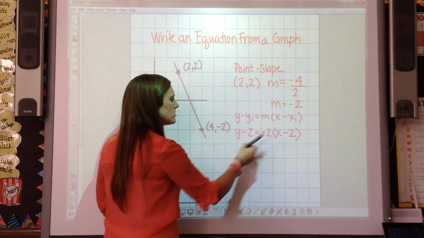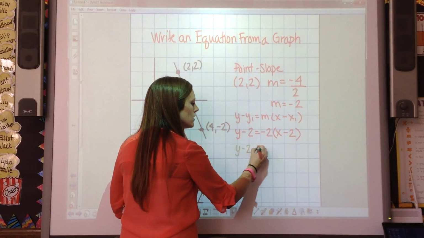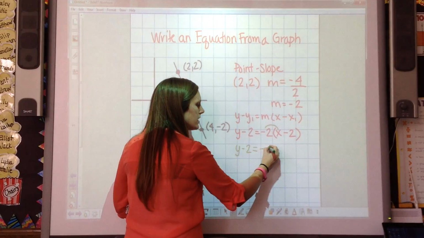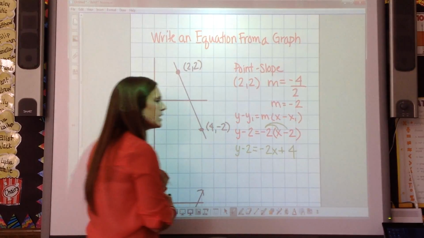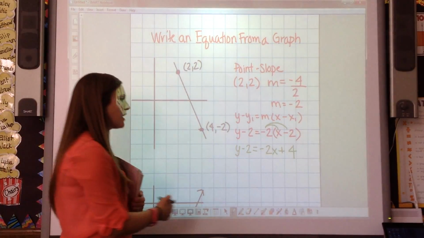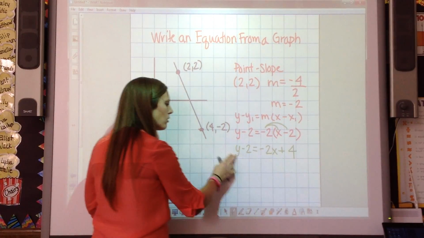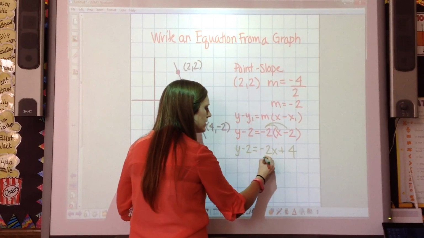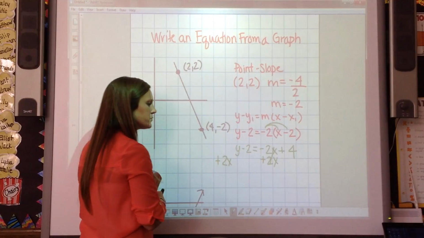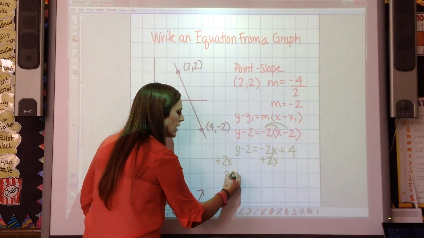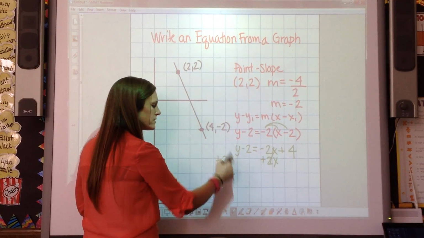To do this, I'm going to do the distributive property first. So negative 2 times x. Negative 2 times negative 2 is 4. Again, the x and the y need to be on the left side, so I'm going to move this term over here. I'm not separating it, so I'm not dividing. I now have 2x. This is a positive y.